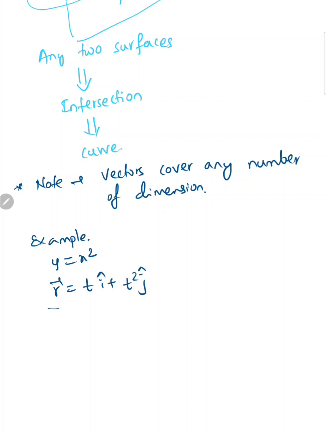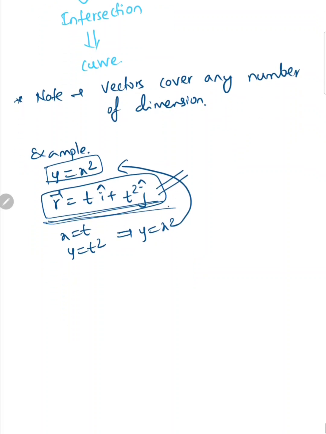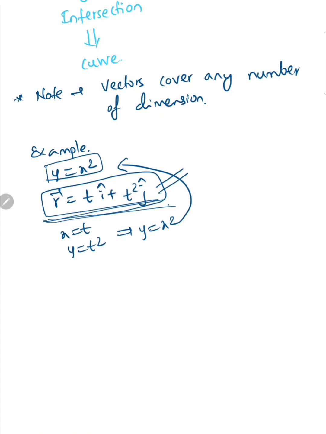This depends upon a single parameter, and from this vector we have two parametric equations, x is equal to t and y is equal to t square. These two together give y is equal to x square, which is nothing but the parabola. Therefore, the two-dimensional curve y is equal to x square can be represented in terms of a vector. Hence, a curve in any dimensional space can be represented in terms of a vector. This is the advantage of the vector form.